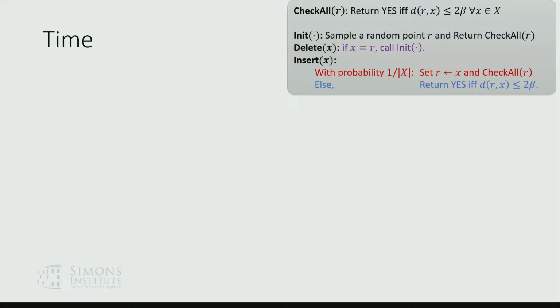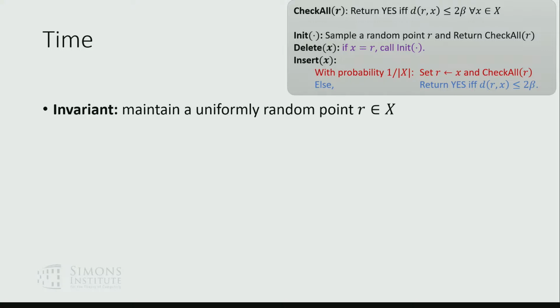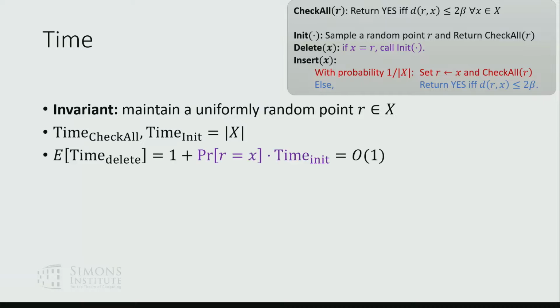Now for time complexity, we will use the fact that the point R is random. First of all, the time to initialize and the time to check all take linear queries, just checking the distance from R to everyone. What about the time for deletion?